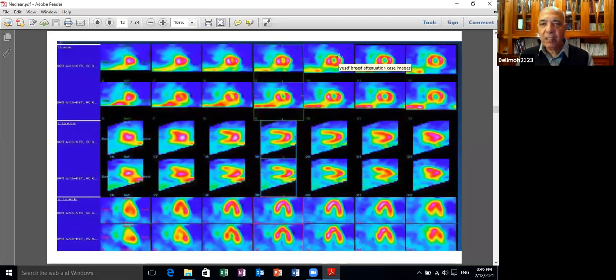Now, if you have real time, you will see that this area, although it doesn't take the radio tracer, is mobile. So if it's contracting, that also supports the fact that it's not a scar, but it's the result of attenuation. So the attenuation feature is to have a defect during the rest that fills during exercise, and it's contractile at the same time. So let's go back to the questions.